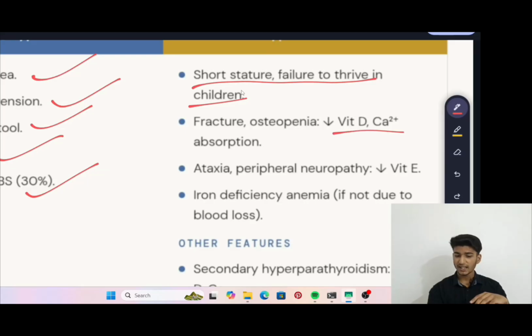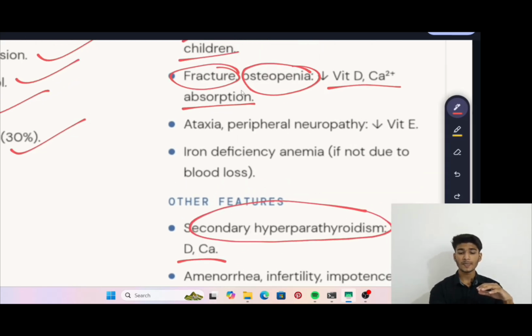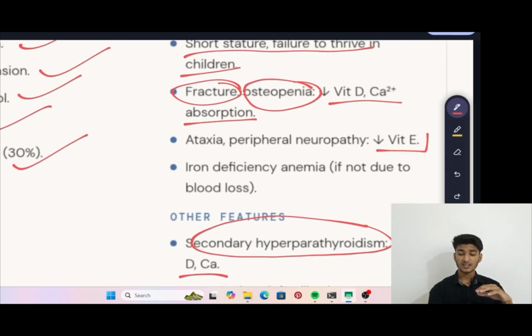If vitamin D and calcium are not absorbed, what will happen? It will lead to fracture. It will lead to osteopenia, which is a decrease in bone density. If vitamin D and calcium are not absorbed, it will lead to secondary hyperparathyroidism. If vitamin E is not absorbed, it will lead to ataxia and peripheral neuropathy.